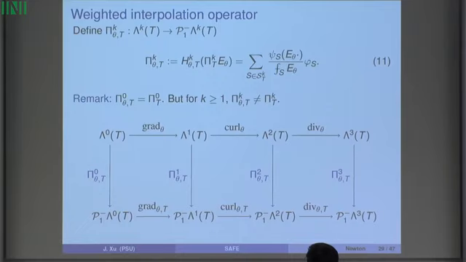One of the important things is this guy. Somehow this is some kind of interpolation which keeps all this commutativity, all this discrete structure, for all this theta, but for the zero form it is the original interpolation. For the one form and two form, it depends on the coefficient.